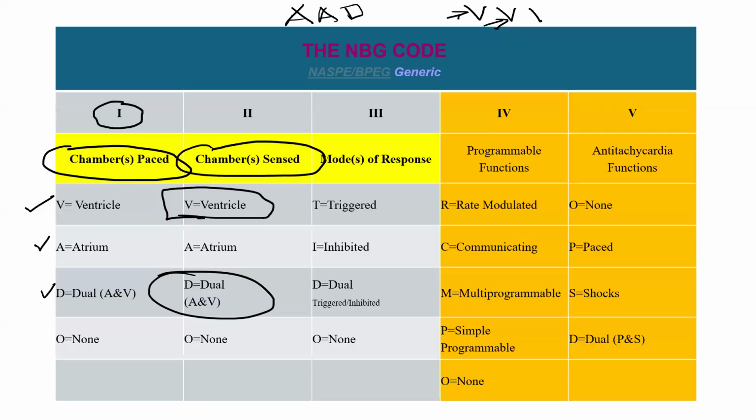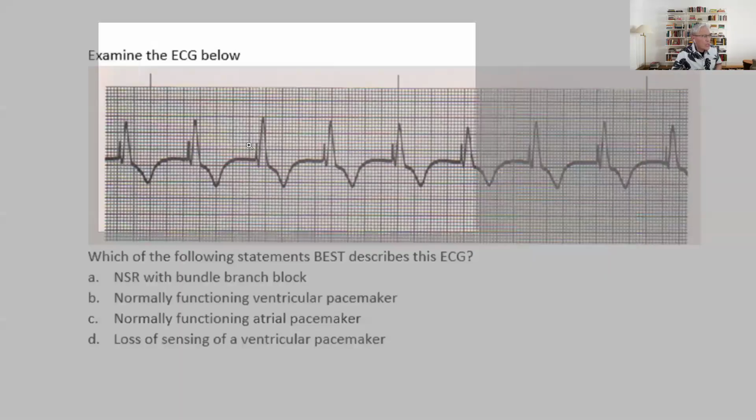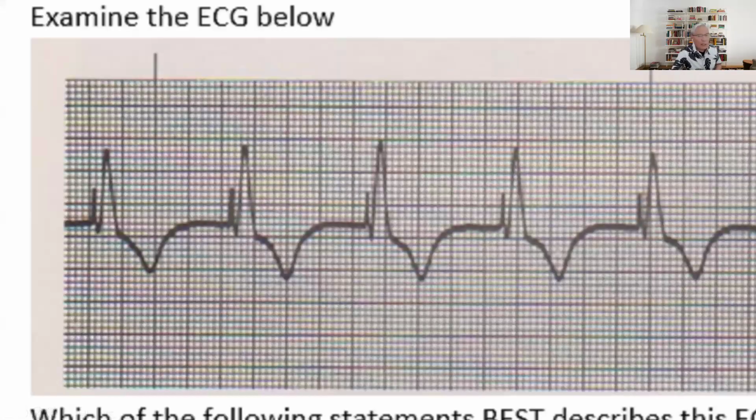Let's take that into perspective right over here. Do you see a straight vertical line? See this? That's a straight vertical line. That means there's a pacemaker. It's called a pacemaker spike. So what type of pacemaker do we have?